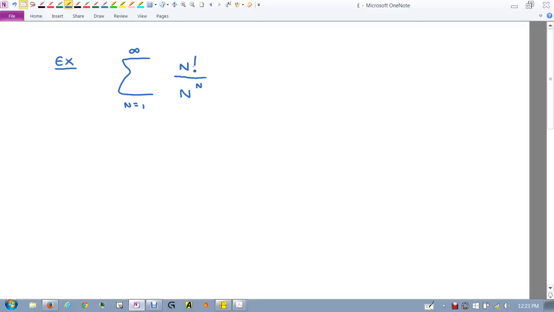We haven't done a factorial yet. The first thing I would do here is try and figure out what's happening with the nth term test. And you get infinity over infinity. And then you can't use L'Hopital's rule because you can't take a derivative of n factorial. But as soon as I see the factorial, I'm thinking ratio test. So here comes ratio.